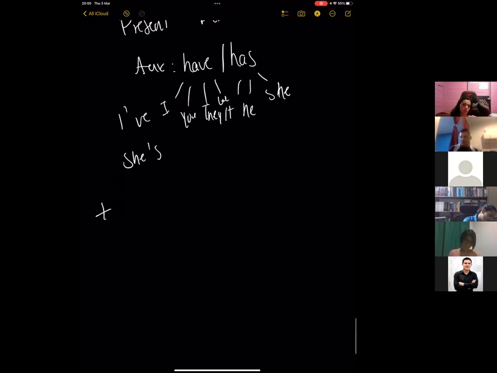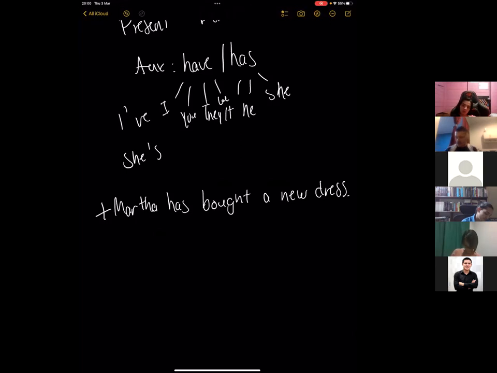As a positive sentence, you can say, Martha has bought a new dress. Very important: I'm using the past participle of the verb, not the simple past, the past participle.